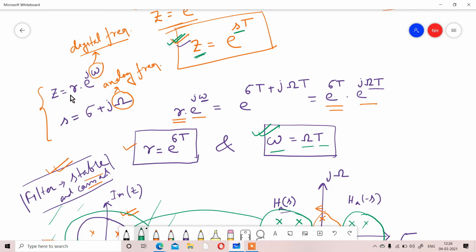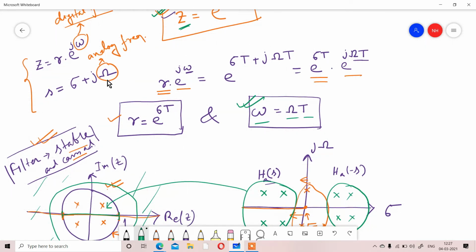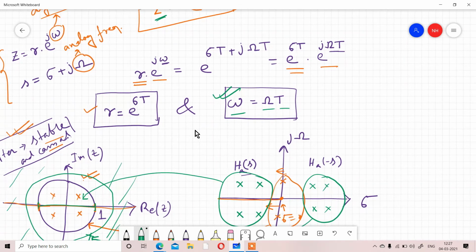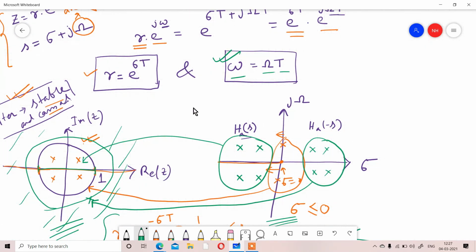We have replaced z equal to r e to the power j omega, where omega is the digital frequency, and in the S domain, s equal to sigma plus j omega, where that omega defines the analog frequency. By comparing the real and imaginary parts, we have got r equal to e to the power sigma T and the digital omega equal to the analog omega into T.